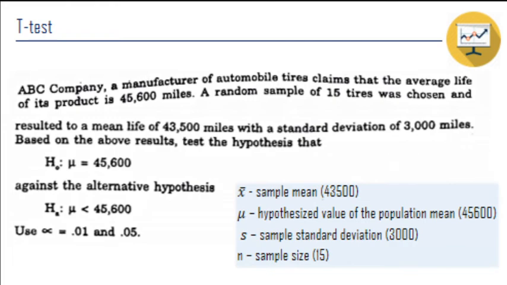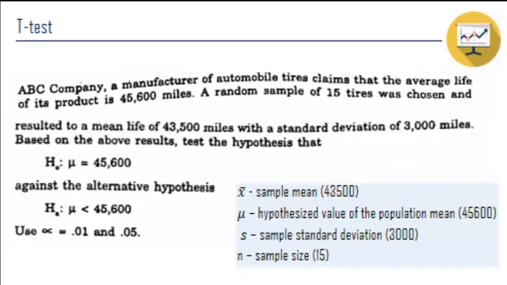Bakit less than ang ginamit yan? Kasi sabi dito, a random sample of 15 tires was chosen and resulted to a mean life of 43,500 miles, and 43,500 is less than 45,600. Yun yung sample kasi, 43,500 yung mean daw niya. So less than siya.